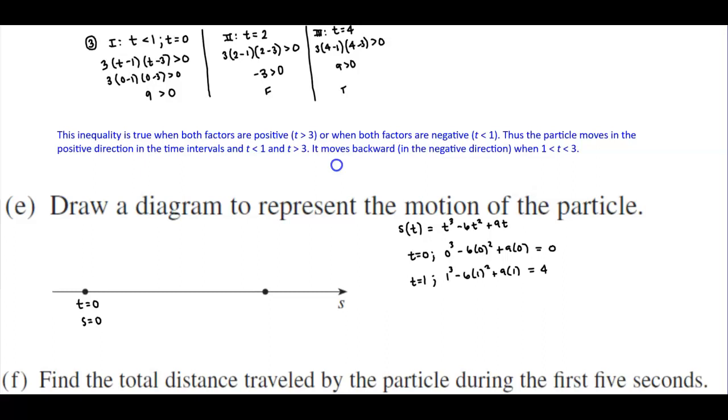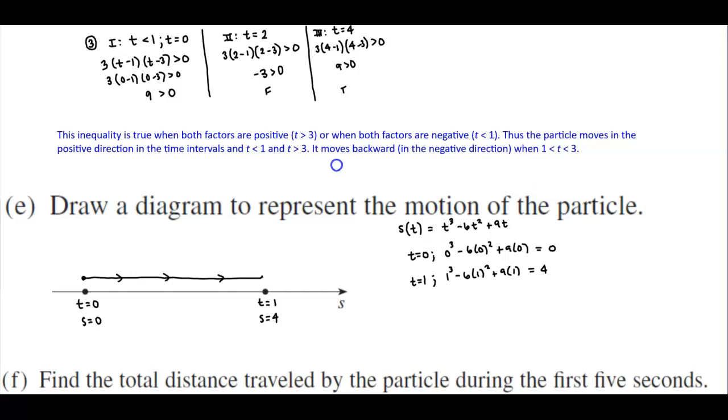So when t is equal to 1, the position is 4. When we start at this position, we're moving towards the value of 4, so it's going in this direction.